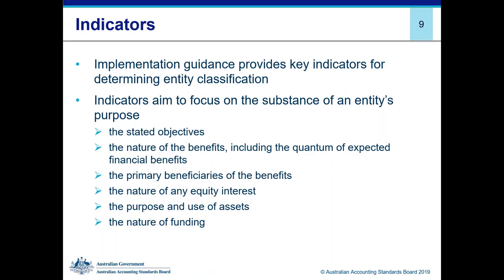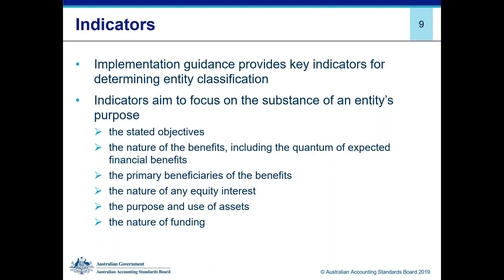What the implementation guidance provides is key indicators which help in determining the entity classification. In terms of structure, we'll first discuss these indicators and what they are, and later on we'll show with illustrative examples how these key indicators are used to help determine entity classification.